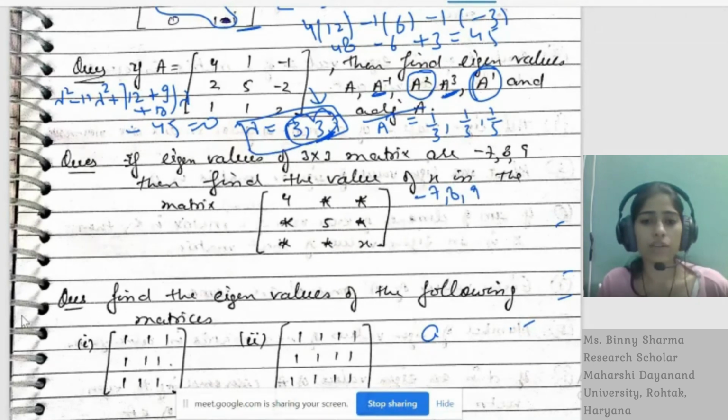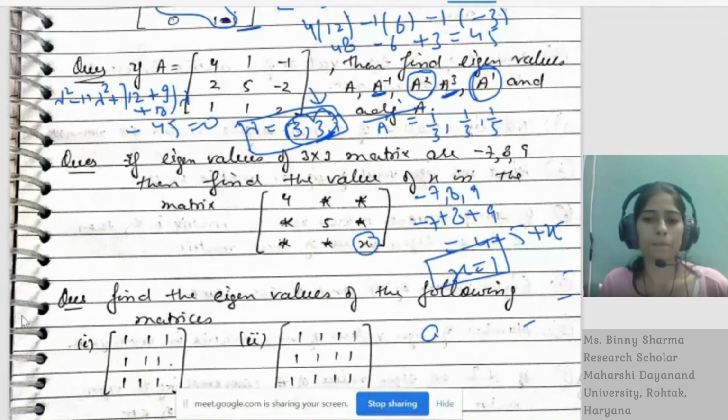Now we have to find the value of X in the matrix. Here X. So we just know the sum of eigenvalues equals the trace of the matrix. So 9 X equals 1. Okay.